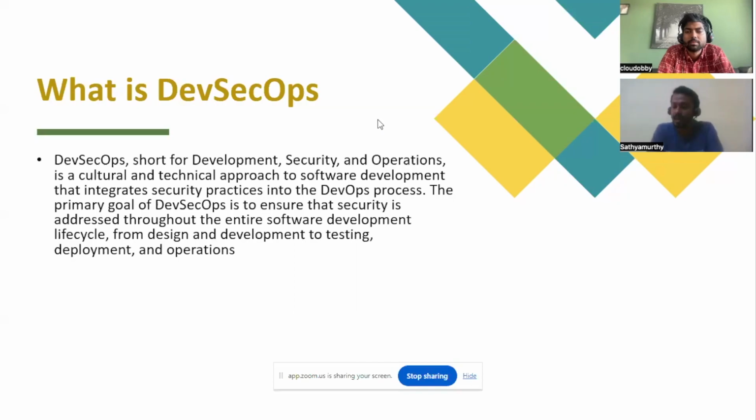DevSecOps seeks to address these challenges by embedding security into every stage of the software development process, from design and coding to testing, deployment, and operation. Moving to the next slide.